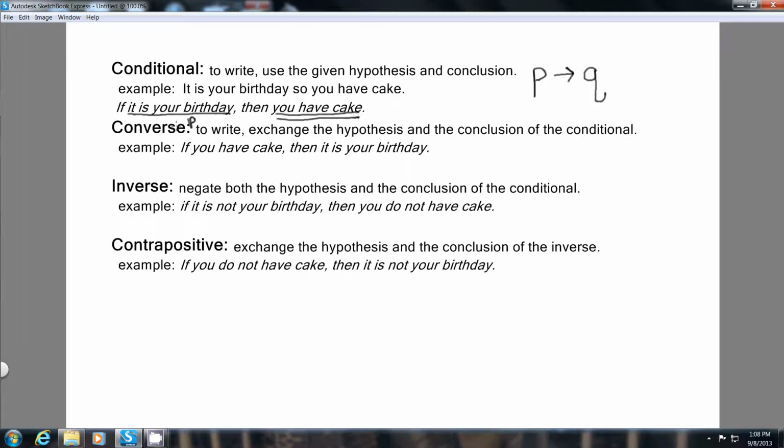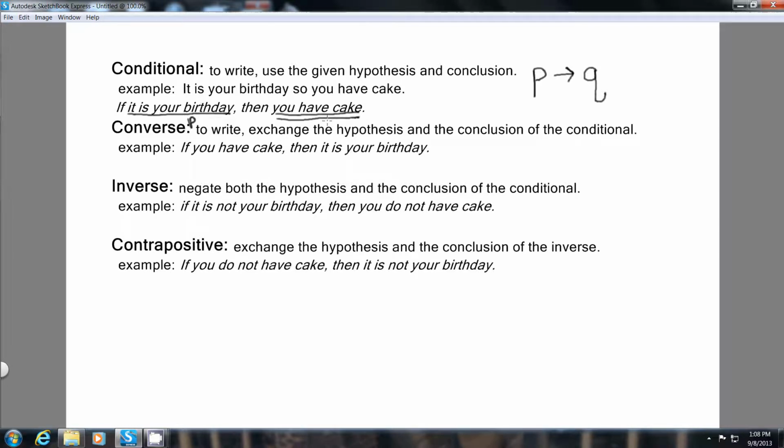So to write the converse, you want to exchange or switch the hypothesis and the conclusion of the conditional. So for example, the converse to our conditional statement would be, if you have cake, then it is your birthday. Notice how we switched the hypothesis and the conclusion.